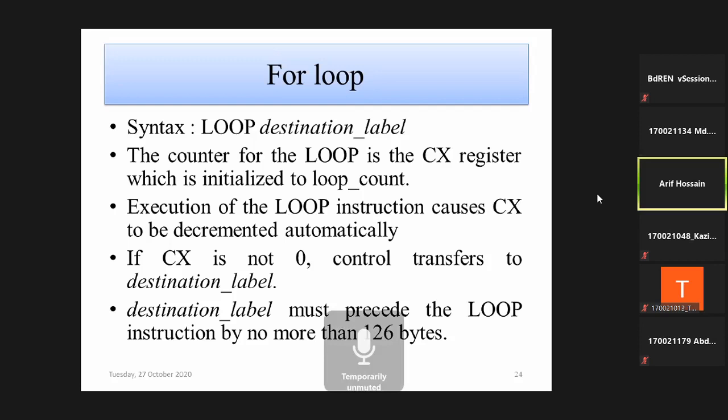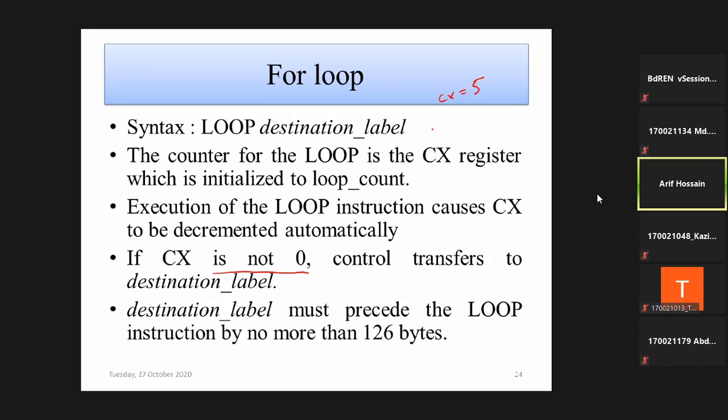Look at the third point. It will keep on checking. As long as the value of CX is not 0, your loop will always transfer the control to the destination label. Assume in CX you are putting a value of 5.